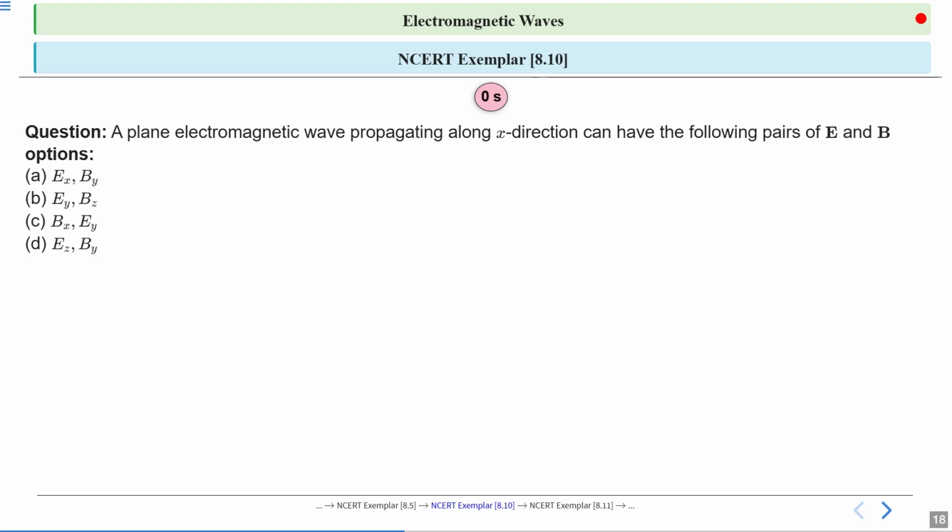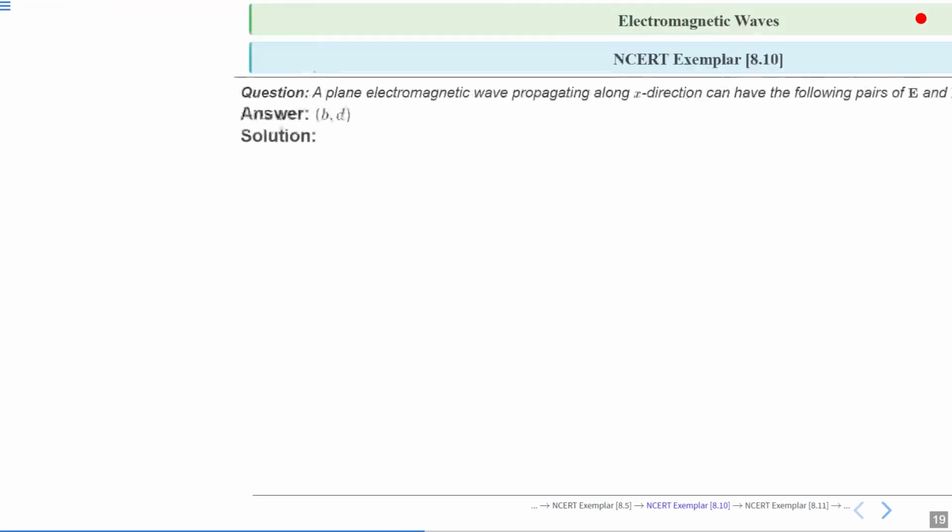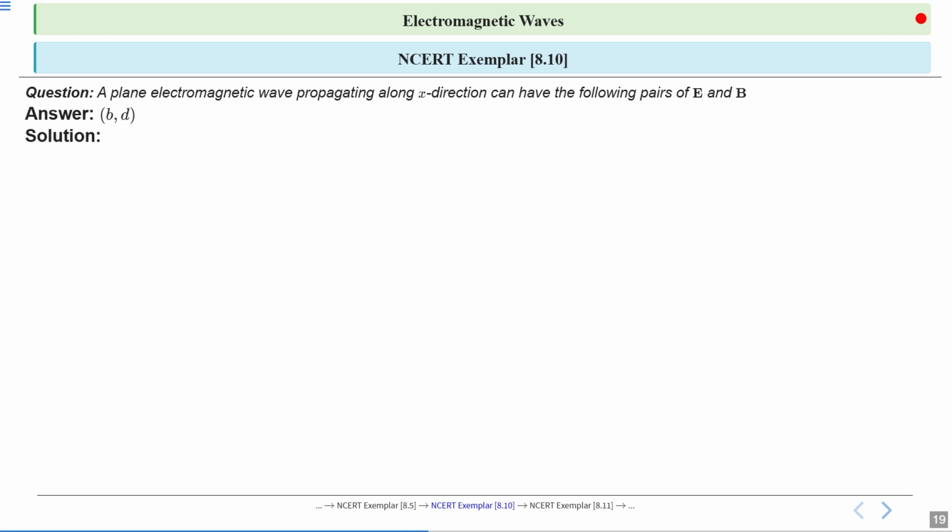Can have the following. So you have to determine which options are correct. Which are not possible, you will eliminate. So more than one option can be correct. So the correct options are B and D.